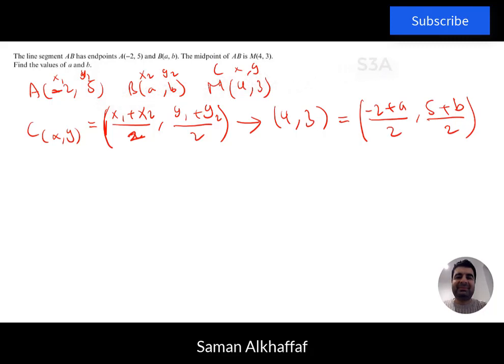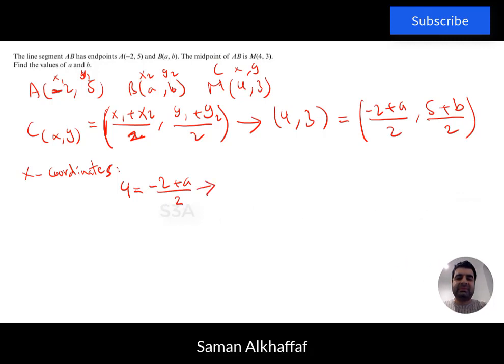So for the x coordinates, we will take 4 equal to minus 2 plus a over 2.